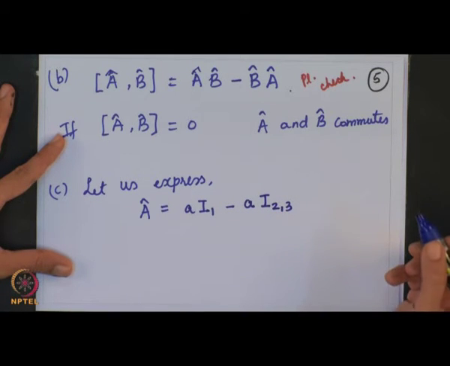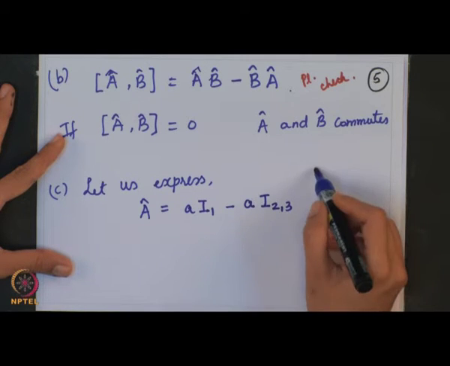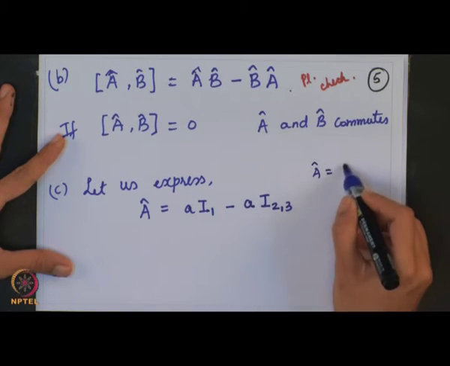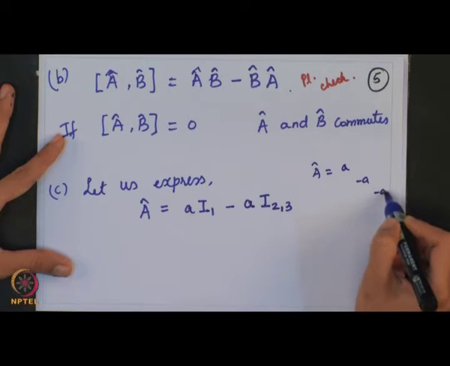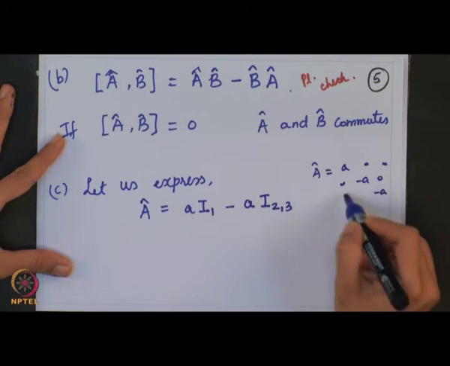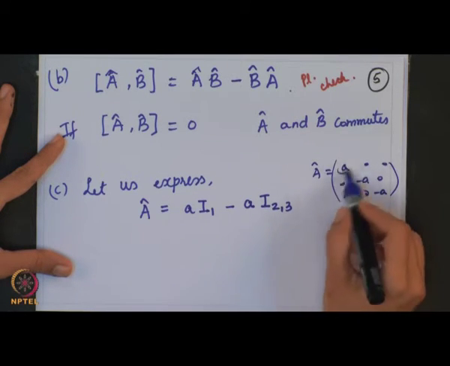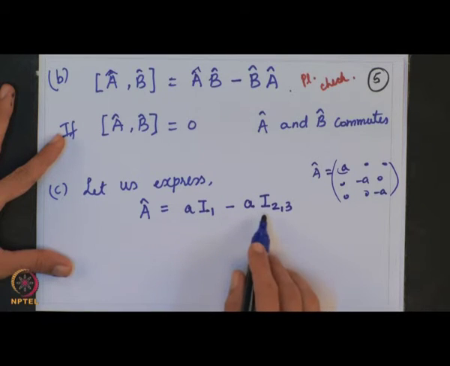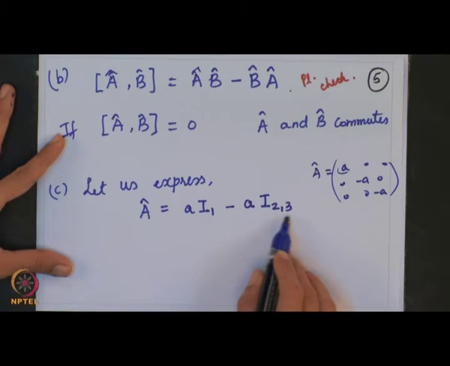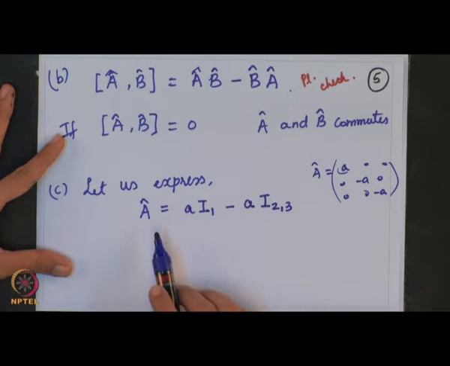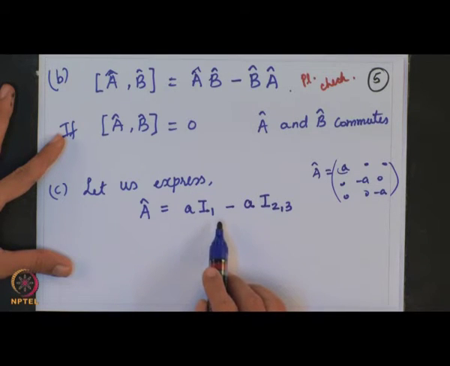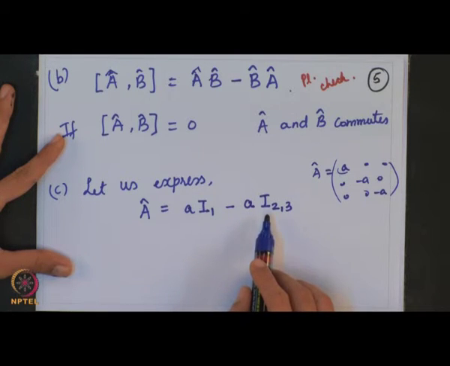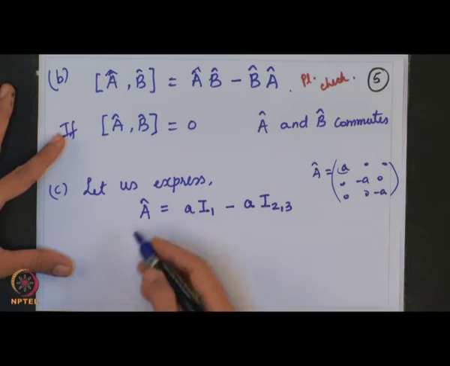Again this is an identity operator, because recall A was a, minus a, minus a on the diagonal. So, this will give me a I1 minus a I2,3, where I1 is the one dimensional identity operator. Okay, so this is what we have.